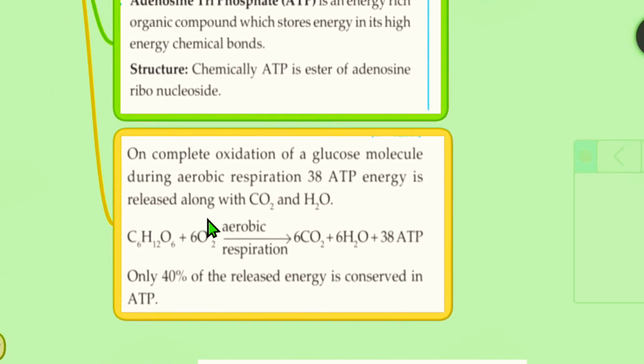On complete oxidation of a glucose molecule during aerobic respiration, 38 ATP molecules are released along with CO2 and H2O. The carbohydrate is broken down into CO2 and H2O, and 38 ATPs are released. Only 40% of the released energy is conserved in ATP.